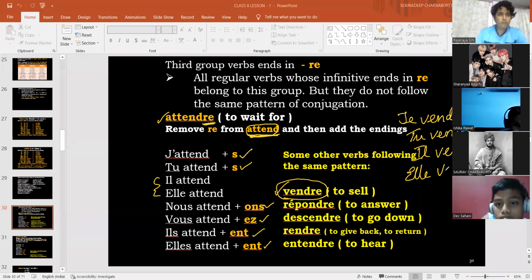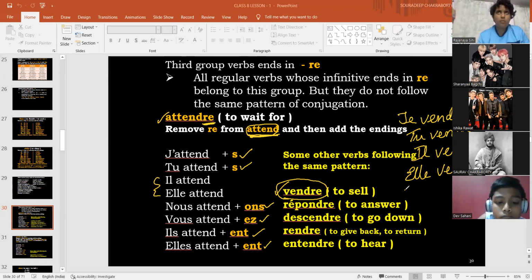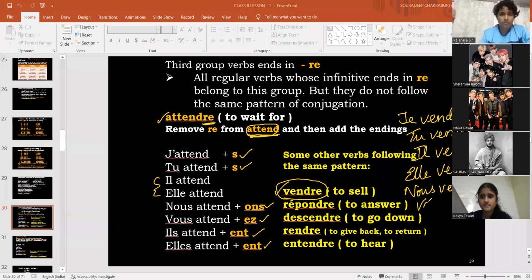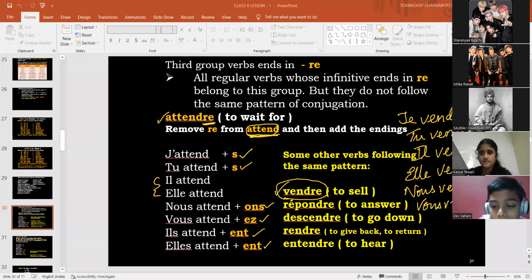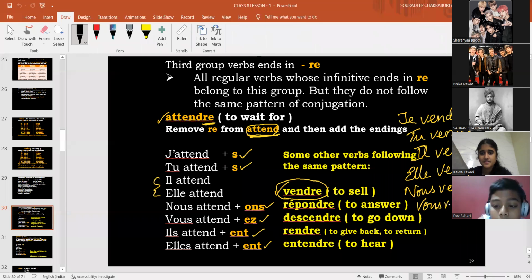Elle vend, no addition here. Next, with nous, what will be added with the root? O-N-S, ons. Next, with vous, what will be added? E-Z, ez.